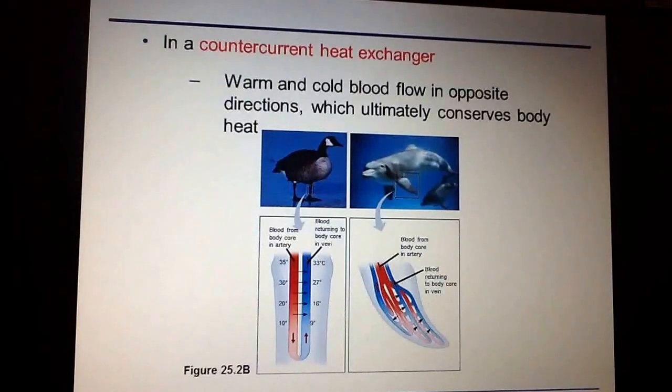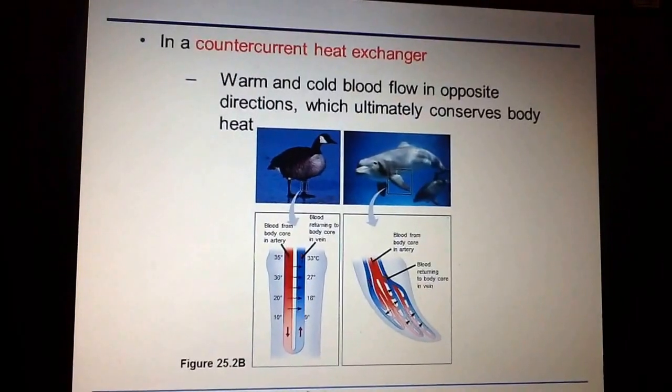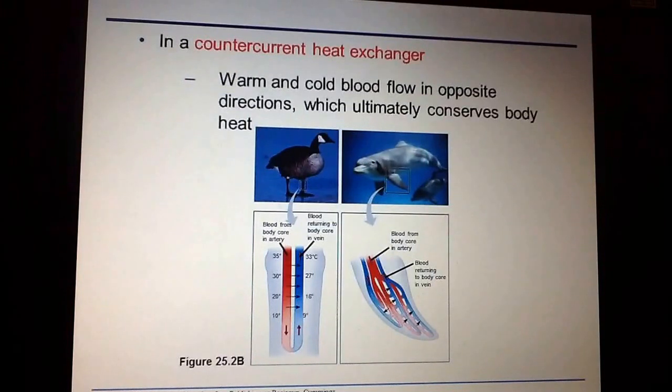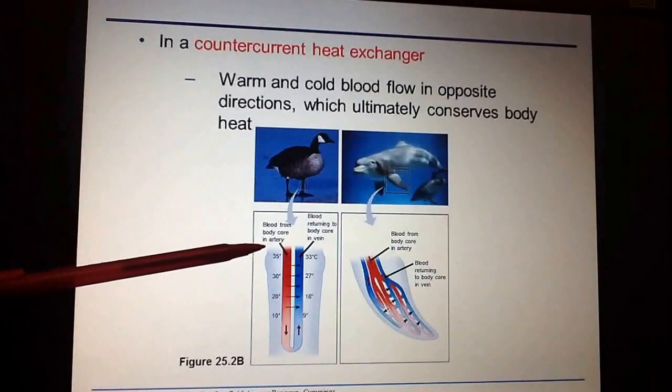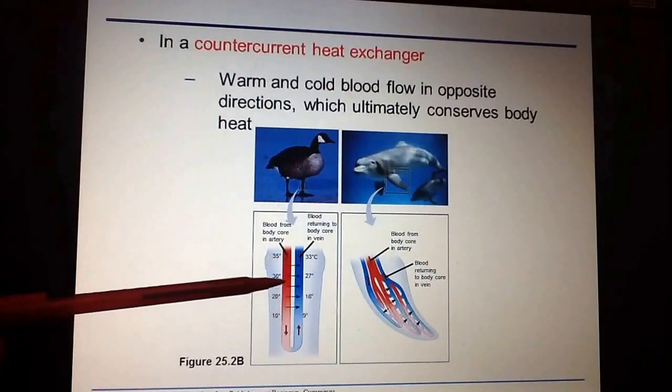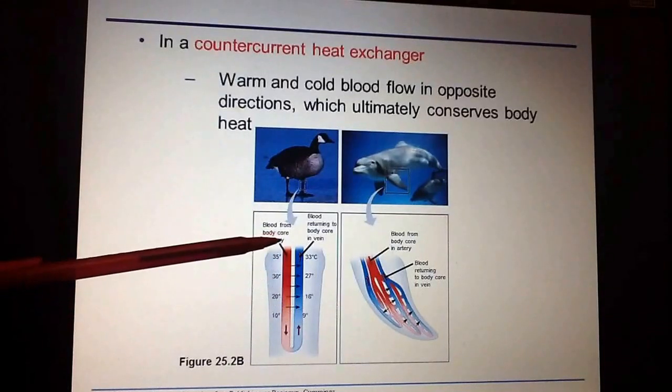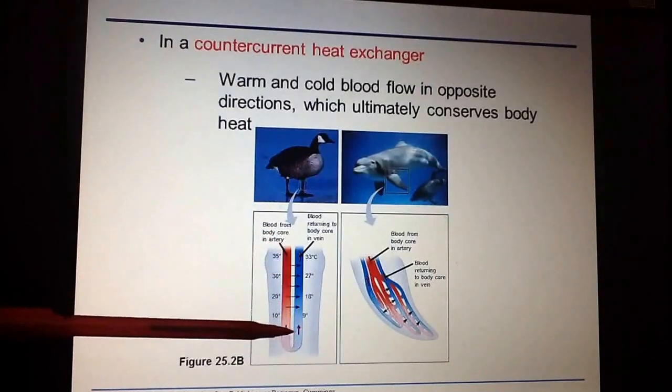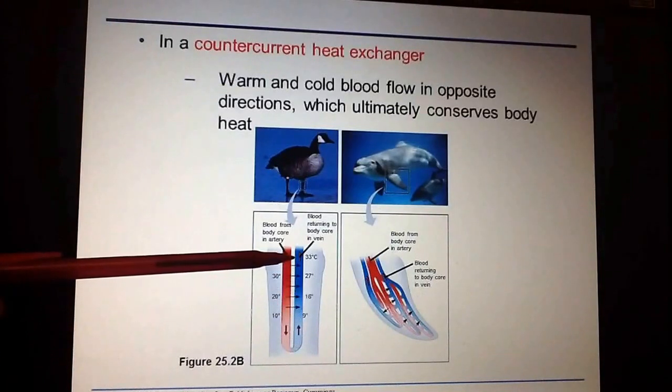One of the cool things that some animals do is something called a counter-current heat exchange. Their blood vessels are designed to have warm and cold blood flow in opposite directions as a way of forcing diffusion of heat to occur. If you look here at our goose, what we have is blood from our body core, and you'll notice the temperature is warm. What's happening is that as the blood goes out to our extremities, it gets colder before it returns to the core.